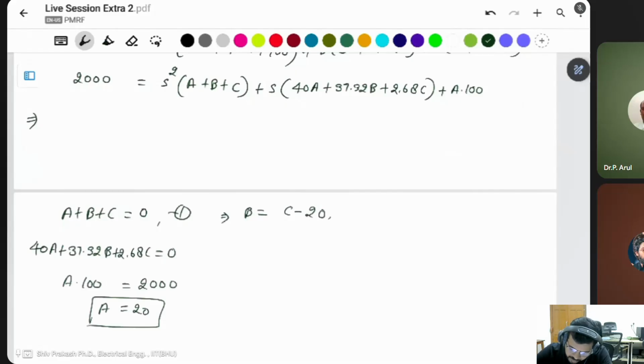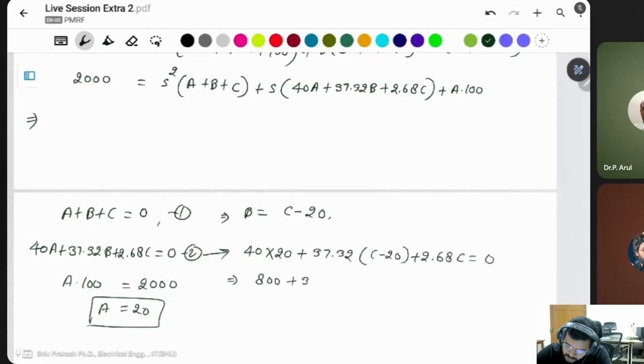Then put the value of b and a in equation 2. 40 into 20 plus 37.32 into b, where b is c minus 20, plus 2.68c is equal to 0. So 800 plus 37.32c minus 20 into 37.32.